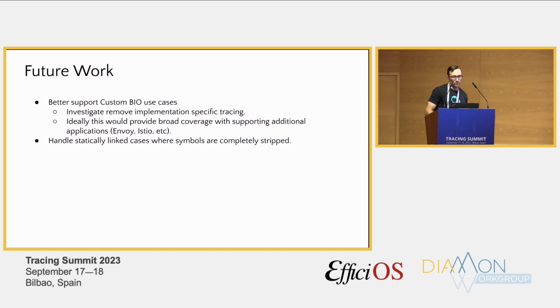It would be great if we could remove these application-specific forms of tracing, and ideally we would get broader coverage across all applications, things like Envoy, Istio, et cetera. Another area we would like to investigate is handling statically linked cases where the symbols are completely stripped.